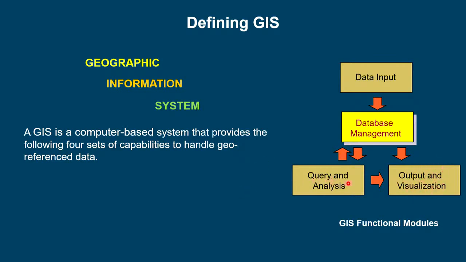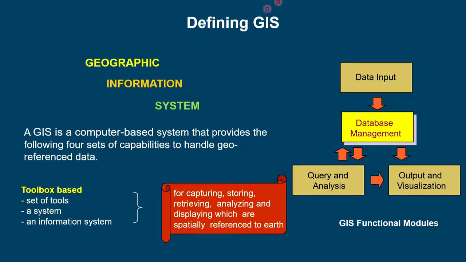So GIS has different functional modules. These four are basically called the functional modules of the GIS. In a nutshell, GIS is a computer based system which requires hardware, software, and people, as well as the data input for database management and generation.